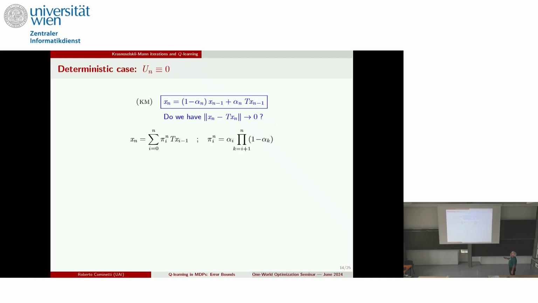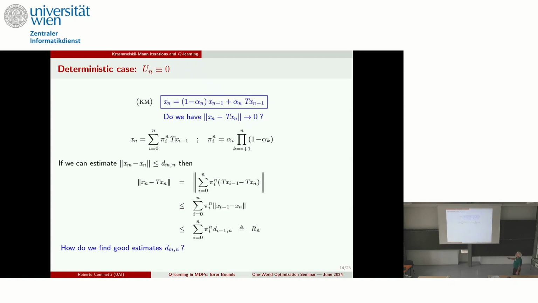Then it's easy to observe that your x_n is an average of all the previous iterates. So you can write it explicitly as an average, and then if you can estimate the distance between any two iterates, x_m and x_n, let's say, then it's pretty easy to compute an estimate of x_n minus T of x_n, because x_n is an average of the previous images, minus T of x_n.